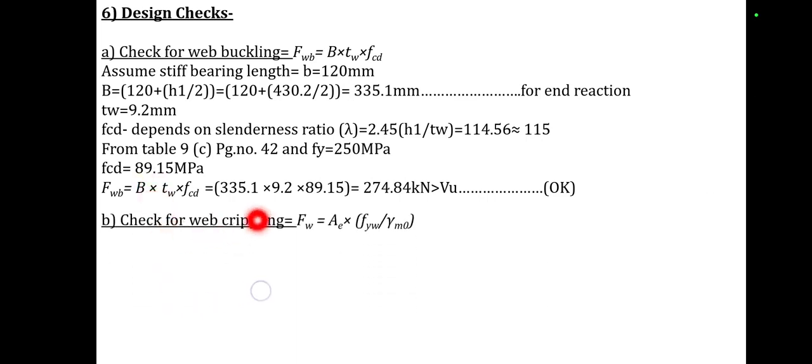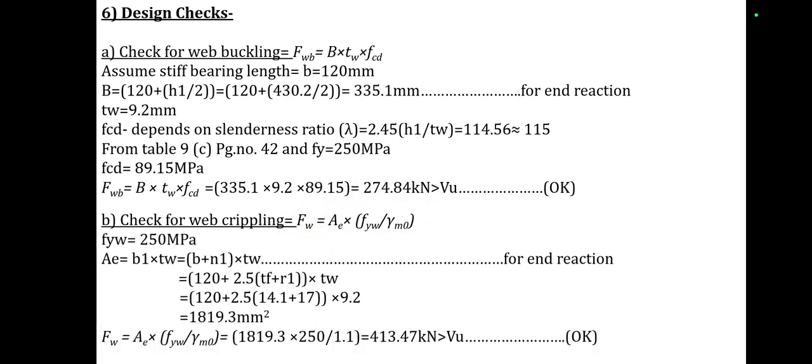Then the check for web crippling, where FW is equal to AE into FYW divided by gamma m0. FYW is equal to 250 MPa. Then AE is equal to B1 into TW. B1 is equal to B plus N1 into TW, and the value of N1 is nothing but 2.5 into TF plus R1. TF means thickness of the flange, R1 is root radius, TW is thickness of the web.